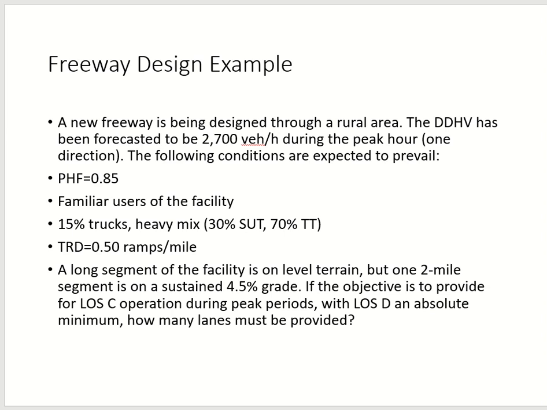Okay, so freeway, rural area, DDHV is given, and as I mentioned earlier, all these things happen for each direction.